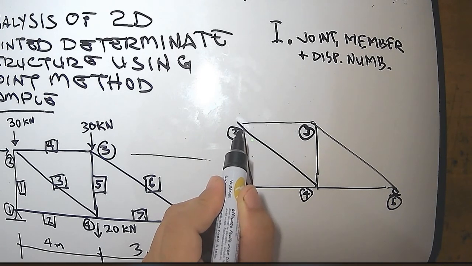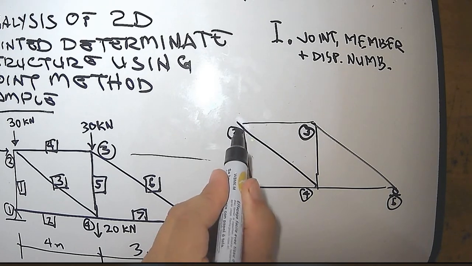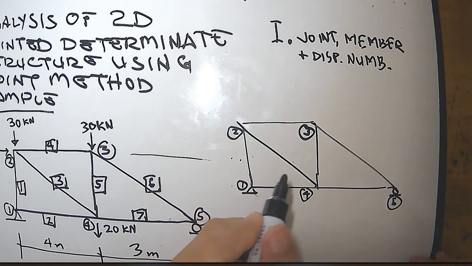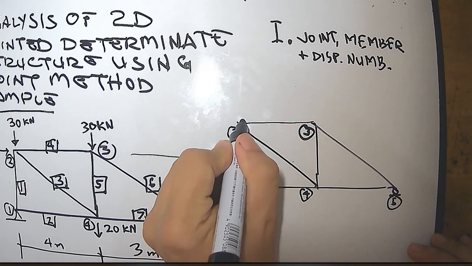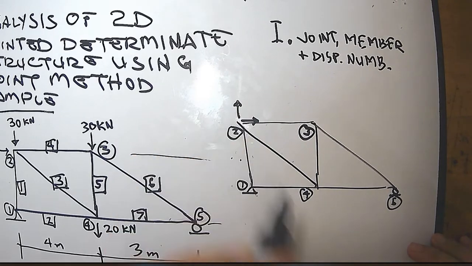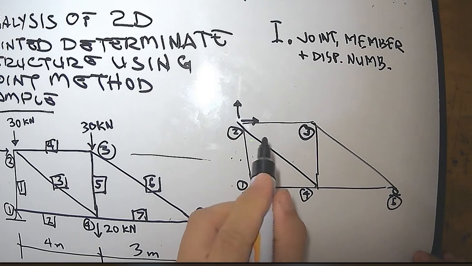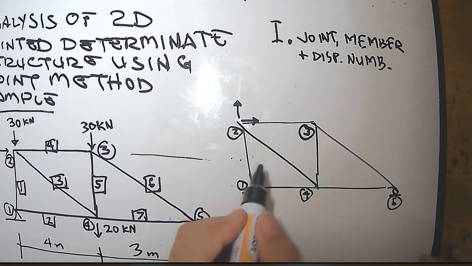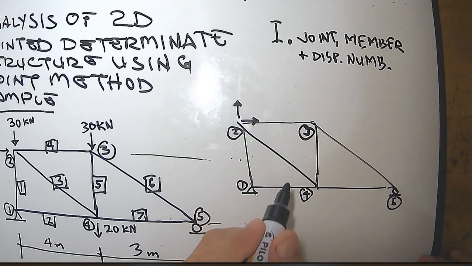Ibig sabihin, pwede siyang mag-move along X and Y or horizontal and vertical direction. So, lalagyan natin yan ng arrow. Okay? And also, the assumption here, the displacements o yung mga arrows is in the positive X and Y direction.